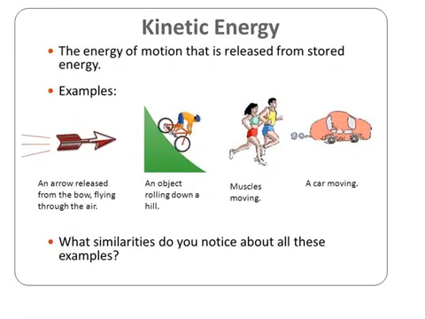This slide gives more examples which will develop your understanding. Kinetic energy is the energy of motion that is released from stored energy. First example, an arrow released from the bow flying through the air.